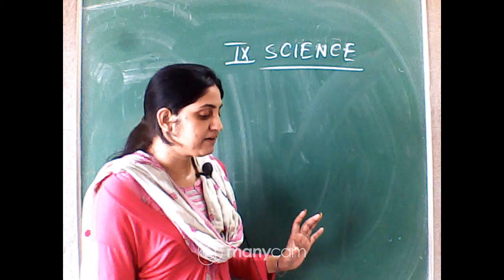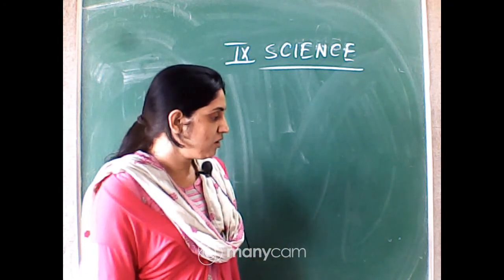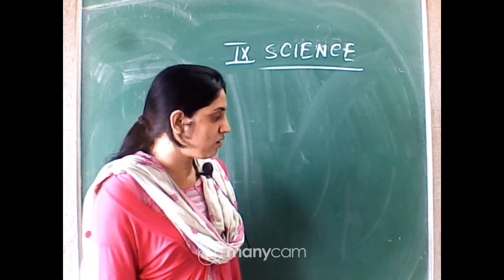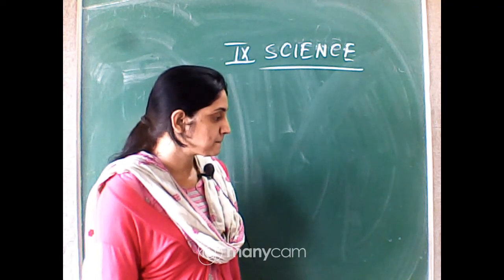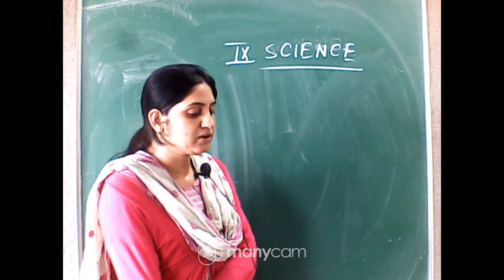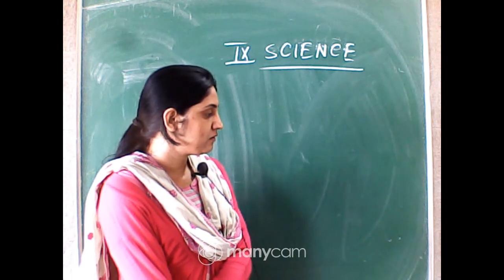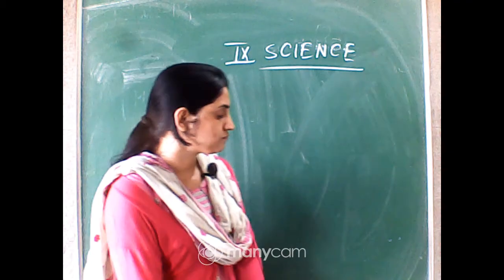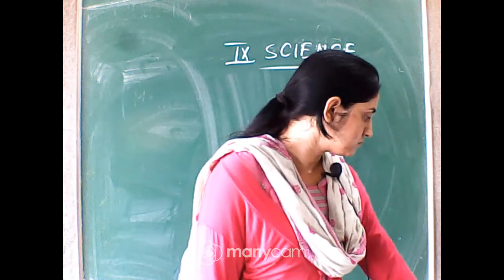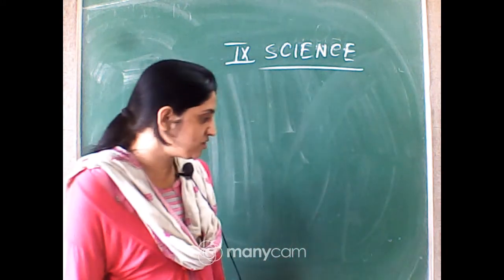Ronit, is the diagram completed or not? Only the procedure. The first 8 points, examine the slide under the microscope, first under low power and then under high power. Only the procedure part is completed.